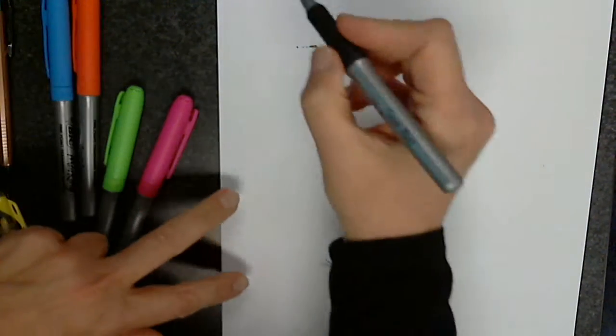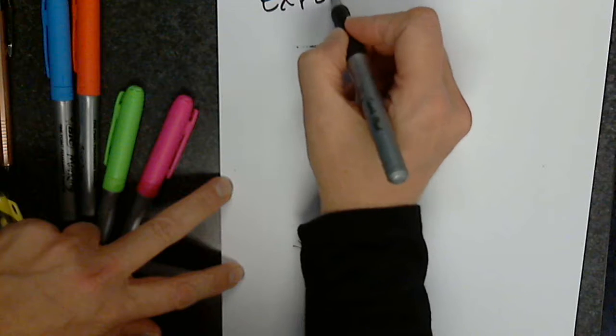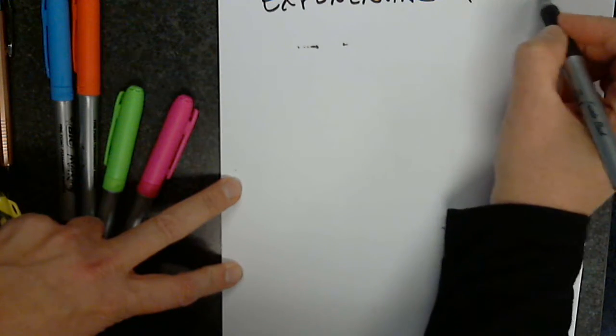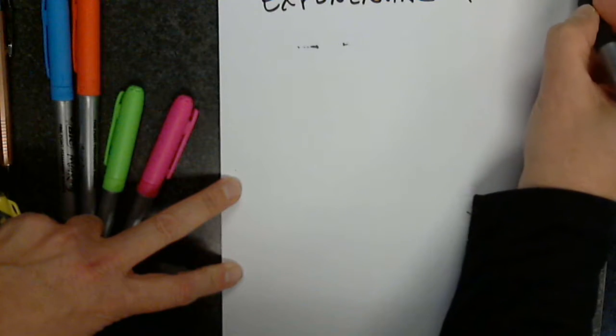Powerful. But this chapter presents two functions that are even more powerful, in my opinion, than rational functions, and they are called exponential and logarithmic. Exponential and logarithmic functions.